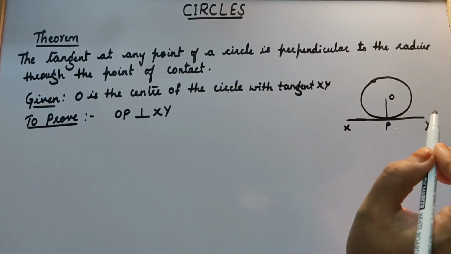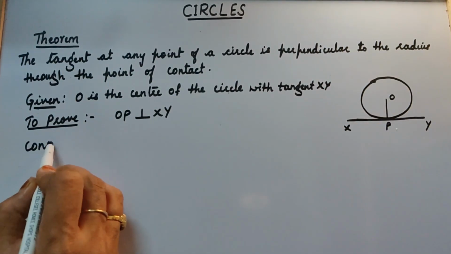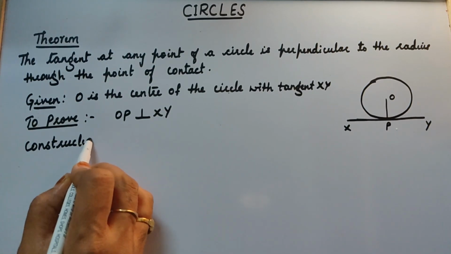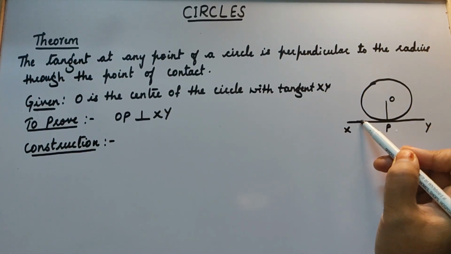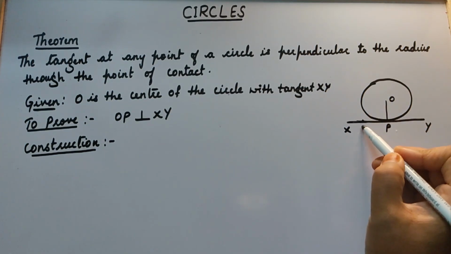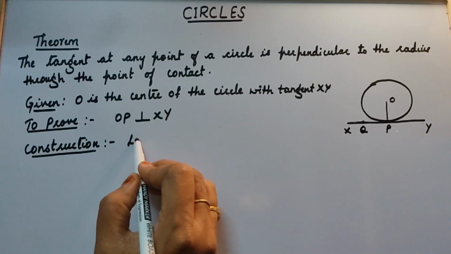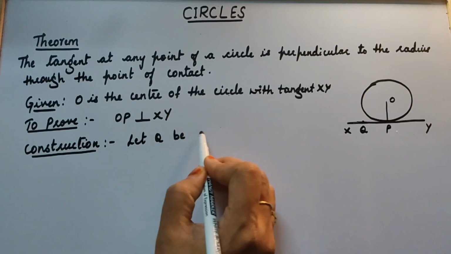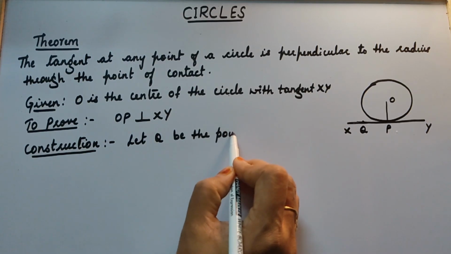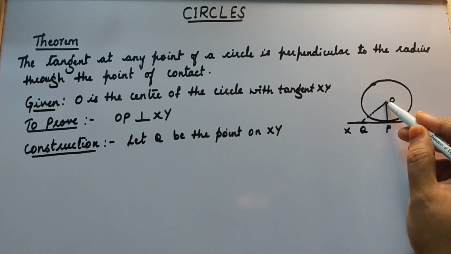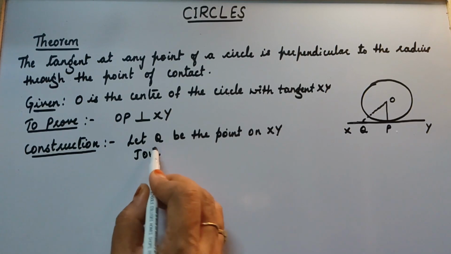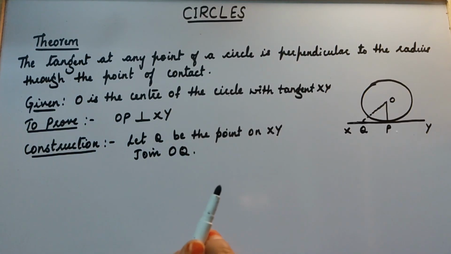Now let us see the construction. What do we do in the construction? Let us mark Q anywhere on the tangent. Let me mark it here. This is Q. Let Q be a point on XY. Then let us join OQ. I hope you students have understood this.